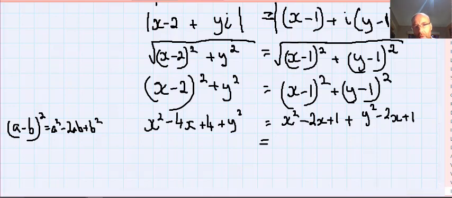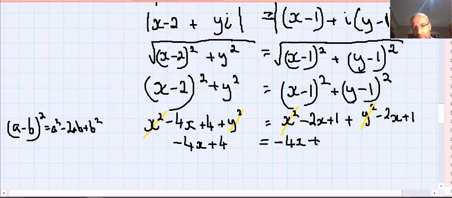Time to rearrange. So if we were to rearrange these, equal terms on the opposite sides would eliminate each other, making life a bit easier. And on the left we have negative 4x plus 4. On the right hand side we have negative 2x plus 2 minus 2y. Oh no, we don't. Oops. Oh dear. Okay, that's better.